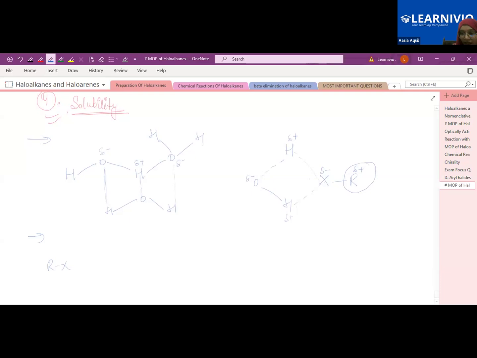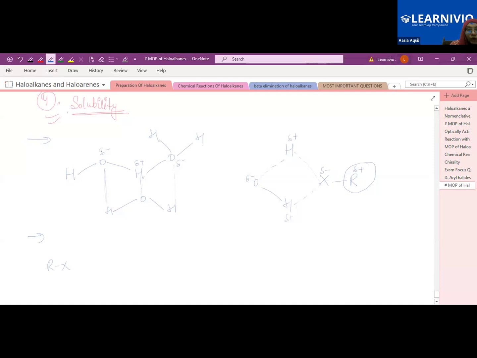Here there is no hydrogen bonding; a new force of attraction arises between the RX and the water molecule. And this new force of attraction is quite weaker as compared to the hydrogen bonding of the water molecules. Because see, this is the hydrogen bonding in the water molecules. H2O is the formula of water, right? And this hydrogen is attached to this oxygen, the most electronegative element attached to the electropositive element.